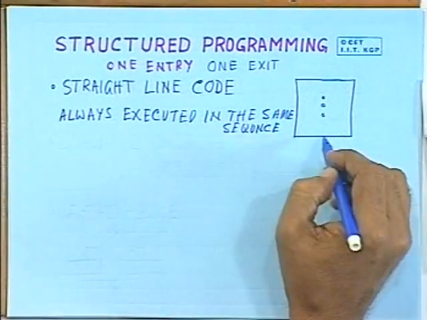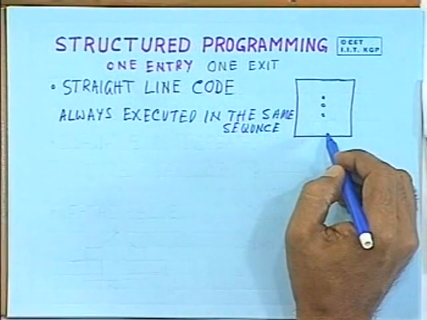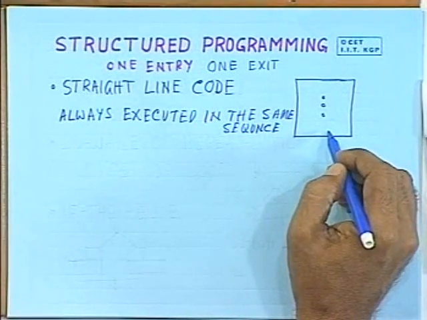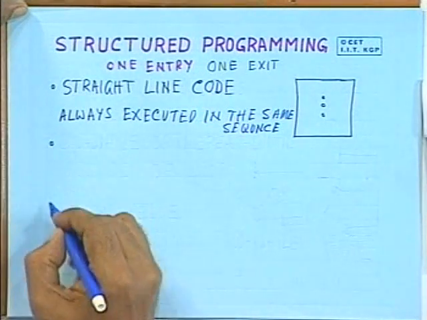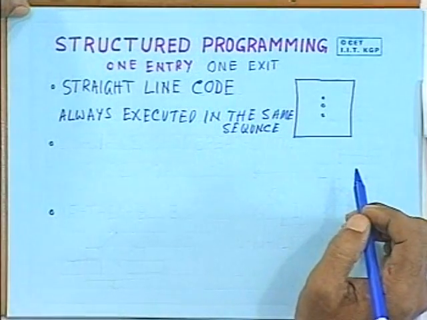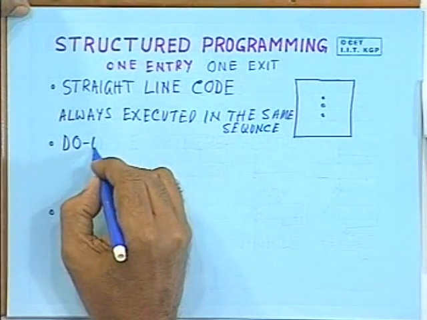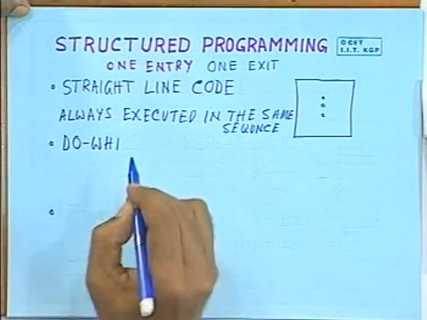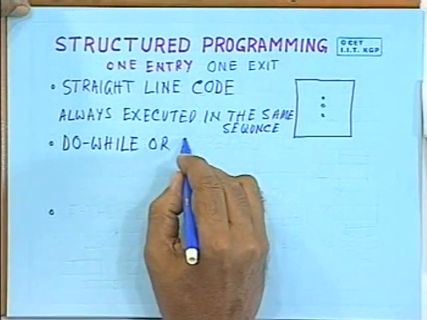Apart from this simple straight line code, of which I gave an example in the last lecture, there are two more types of blocks. These are do while or repeat until.